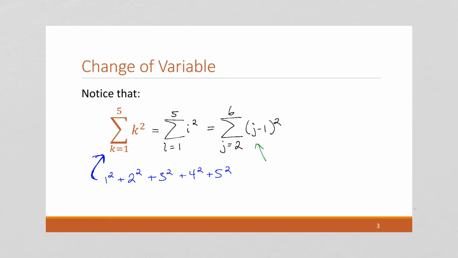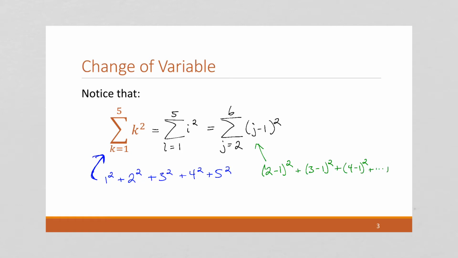We're going to have j start at 2. j minus 1 is 2 minus 1, which is 1, so that's 1 squared. Actually, how about if I do it like this? 2 minus 1 squared plus 3 minus 1 squared plus 4 minus 1 squared.